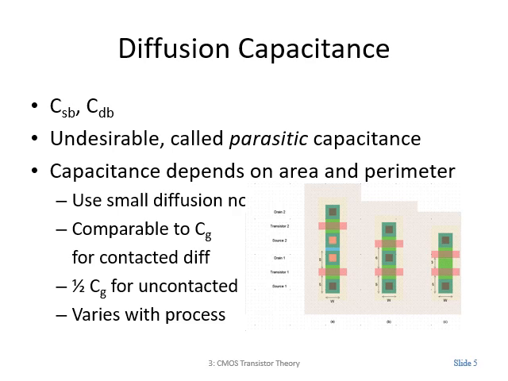Use small diffusion, comparable to gate capacitance for contacted diffusion, and half the gate capacitance for uncontacted. It varies with the process.